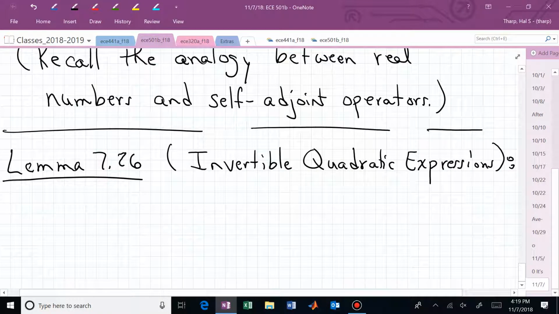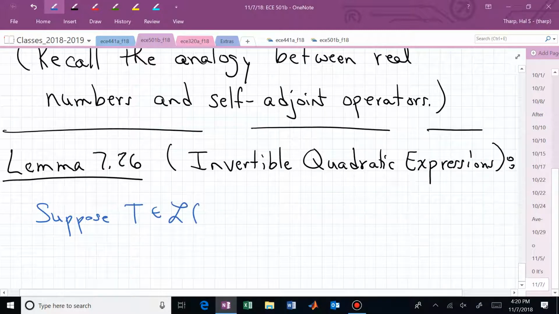And the lemma goes as follows. Suppose T is a linear operator, and it is self-adjoint.